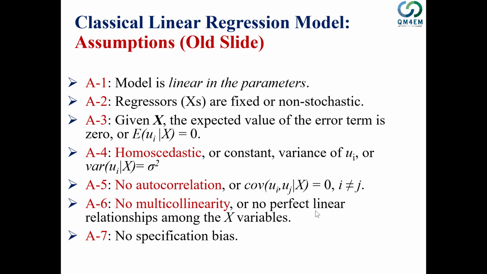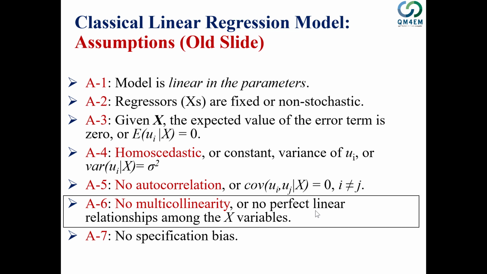So in this chapter, we are going to focus on non-multicollinearity, or no perfect linear relation among the x variables. Since this is the chapter, I'm going to explain this in detail.